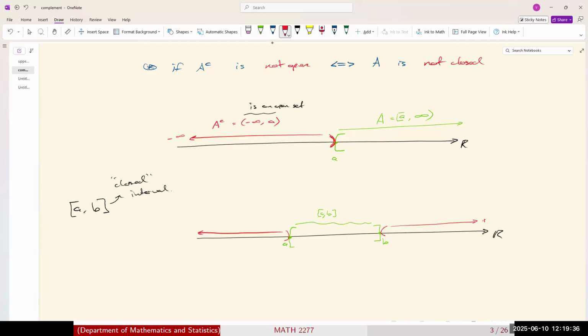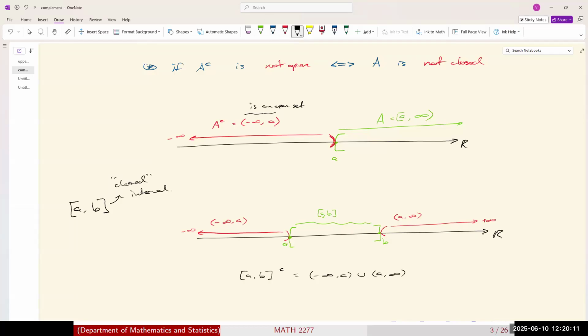This goes up to plus infinity, this goes down to minus infinity. So the complement is in the red. The complement is made up of two pieces: minus infinity up to A, union B up to plus infinity. So the complement of the closed interval AB is equal to minus infinity up to A union B to infinity.